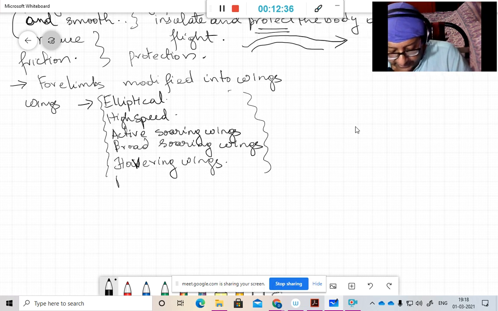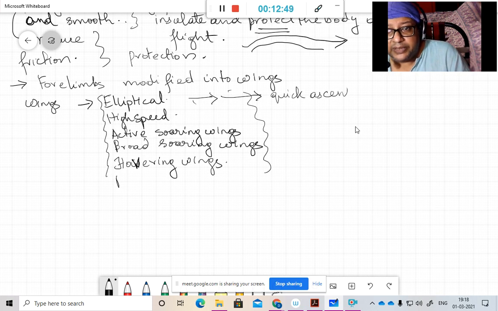So elliptical wings, basically they are for quick ascent or descent. They fly at moderate speed.